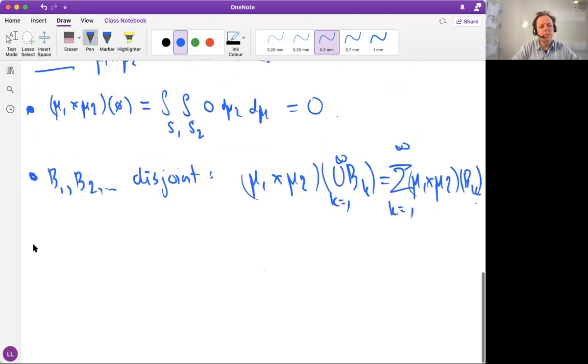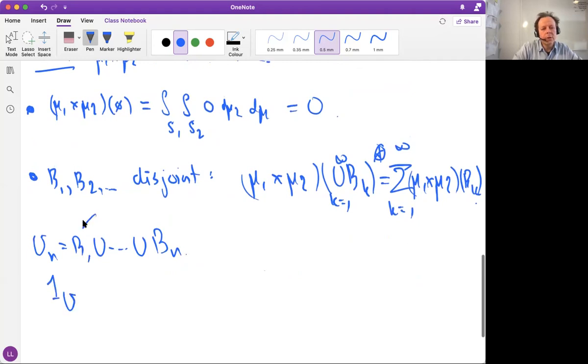That's what we need to do. So to do this, let's define U_N as the union up to N. And then let's recall that, okay, if we have disjoint sets, then the indicator of disjoint sets is actually the sum of these indicators. So that's what we get for disjoint sets.